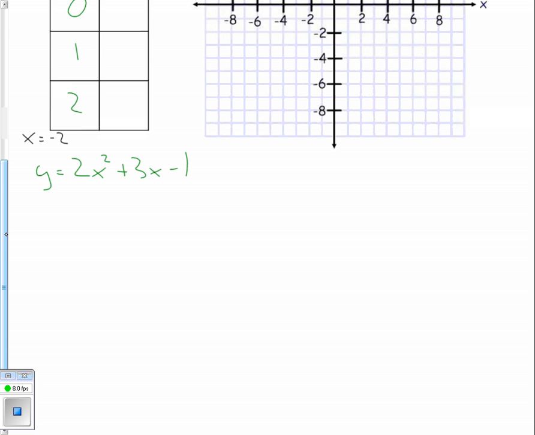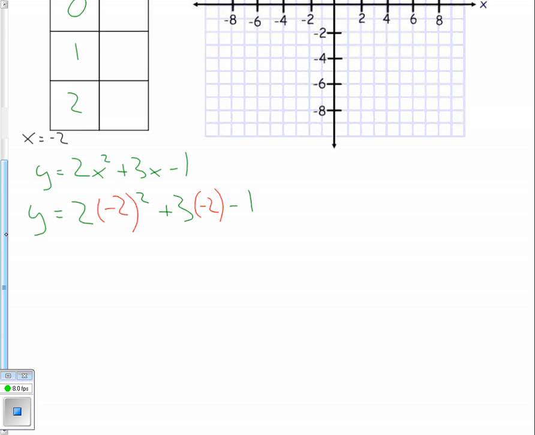So I'm going to use my ability to use Bedmas and substitute and solve to figure out what the y value is. So y is going to be equal to 2 times -2 squared plus 3 times -2 minus 1.